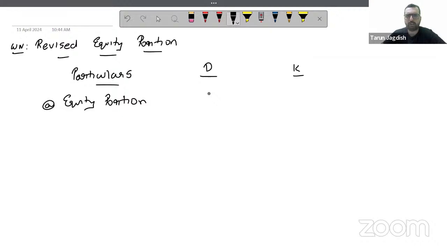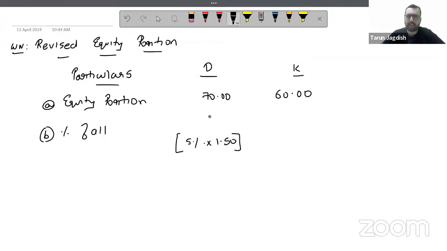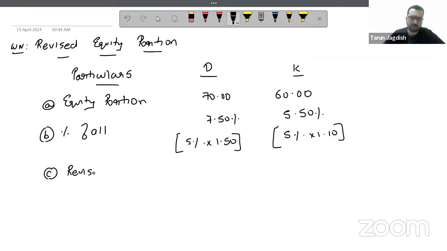We got the equity portion as 70 for the first one and 60 for the second one, correct? Then I will write down percentage fall. The market is going to fall by 5%. My security has a beta of 1.5, so can I say my security is going to fall by 7.5%? Correct? And the second one is going to fall by 5.50%. From this, can I go and find out what will be my revised equity portion?